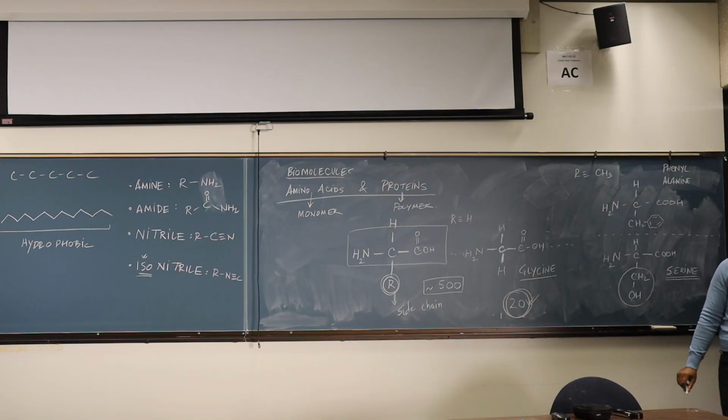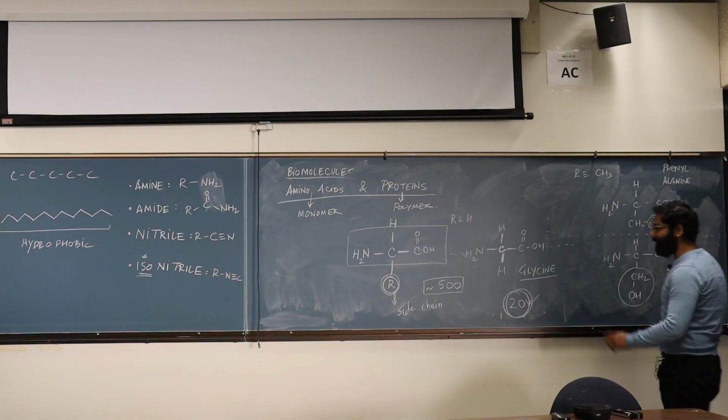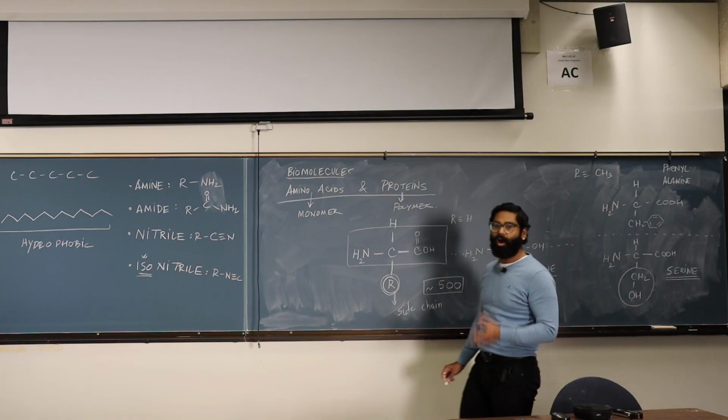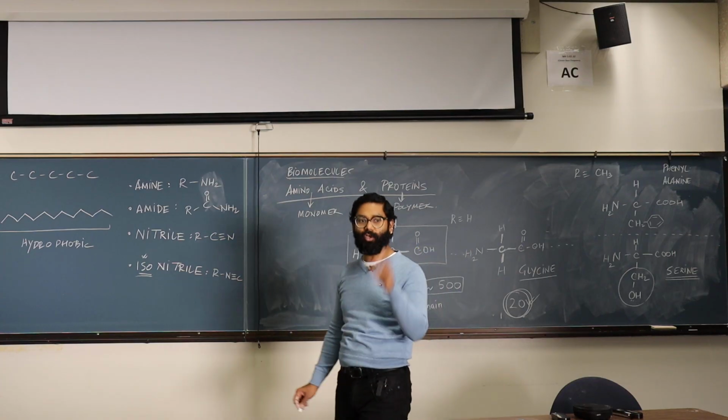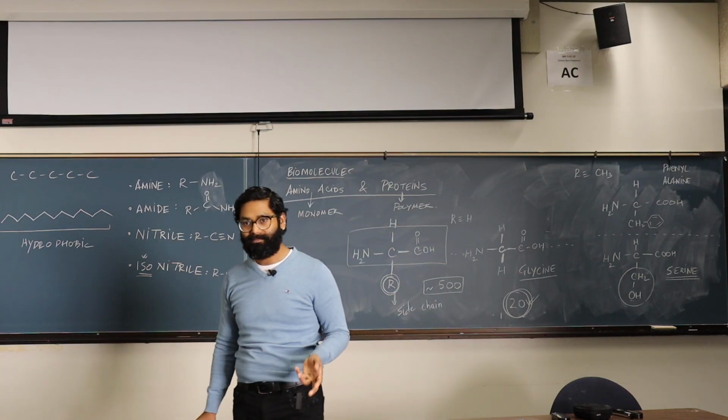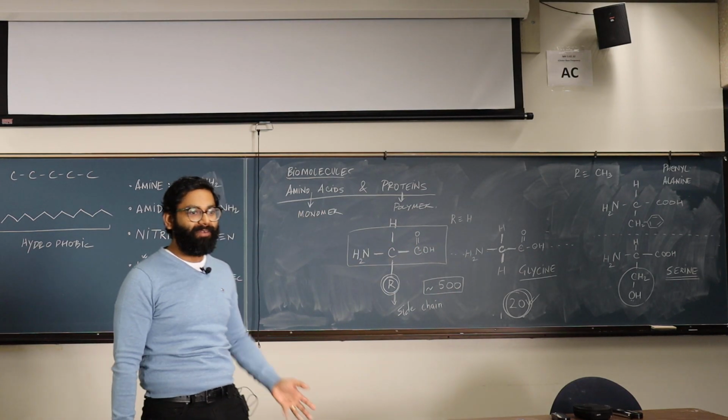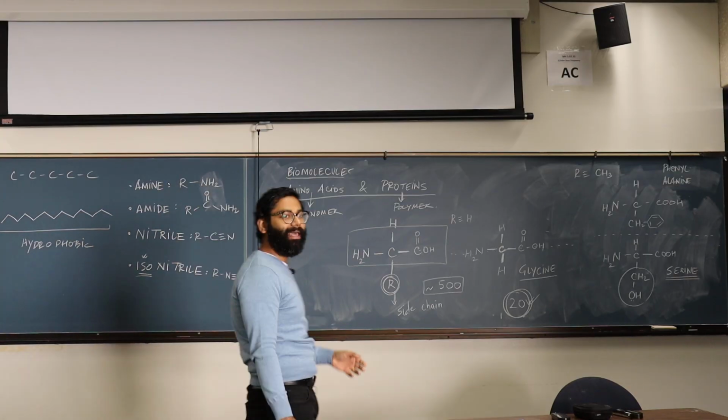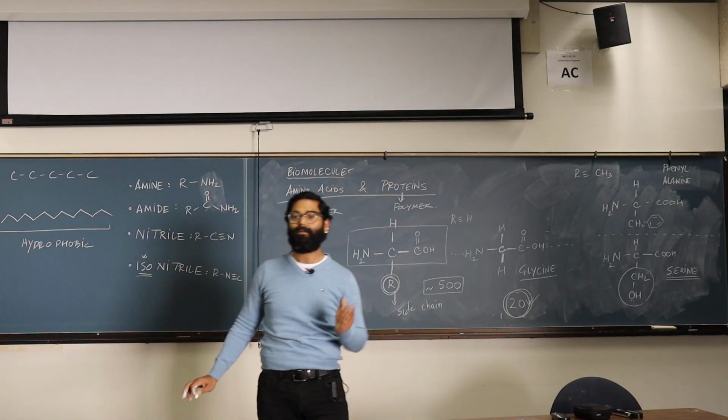We don't need 500. So life is very selective in that way. Or the other way of looking at it is that there is no pressure on life to use all the 500 amino acids. Life doesn't need to use everything that is there. It will be selective.